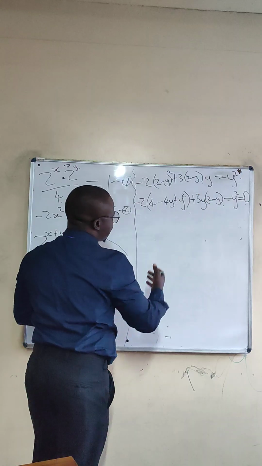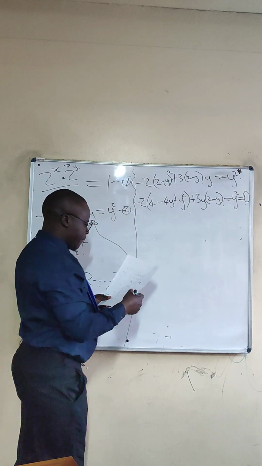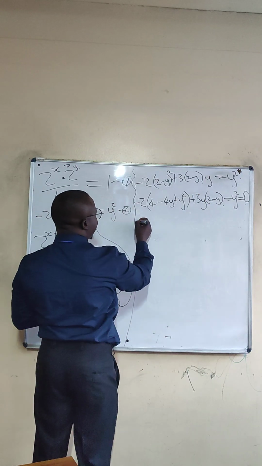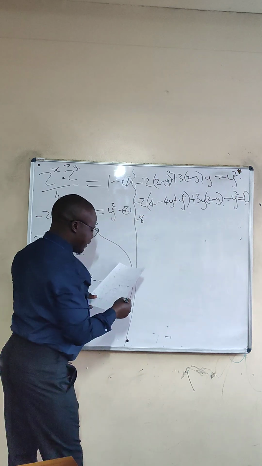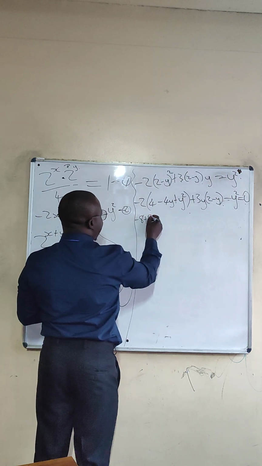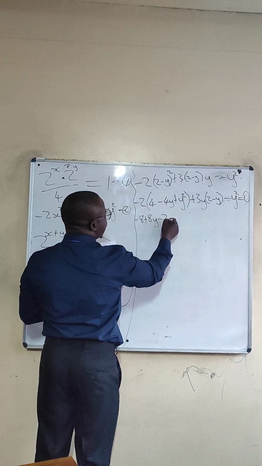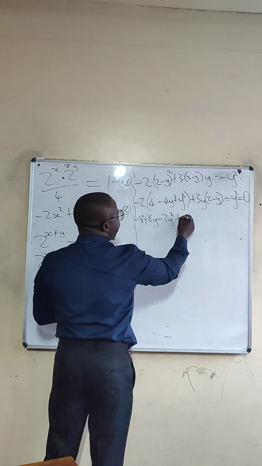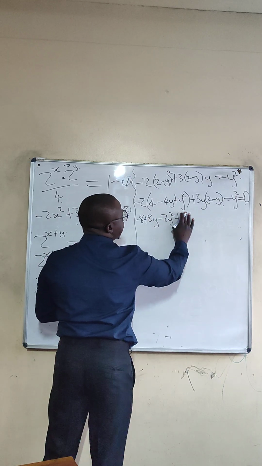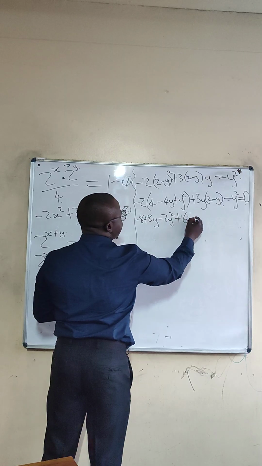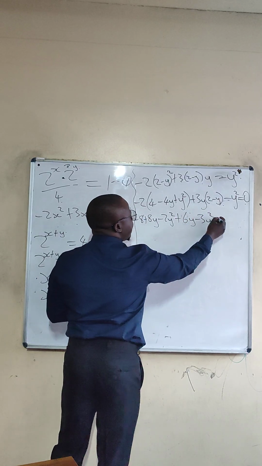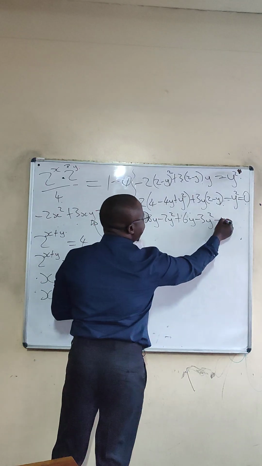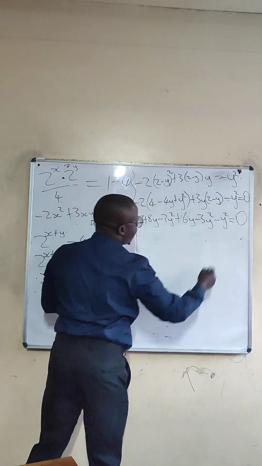So let us simplify further. Simplifying further, in this case, we're going to have minus 8 plus 8y minus 2y squared plus 6. 3 times 2 will give you plus 6y, and then this one will give you minus 3y squared, and then you have minus y squared equals 0.